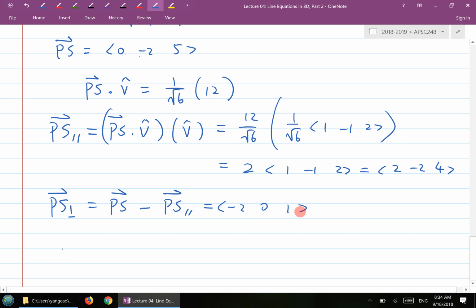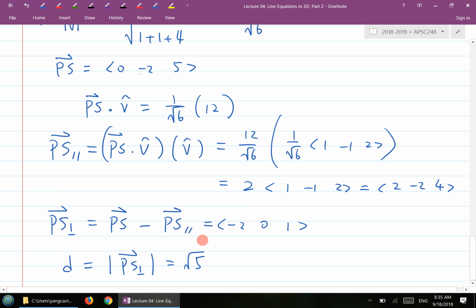Finally your distance is the norm of this PS perpendicular, which gives us root 5. Okay, that's another approach.